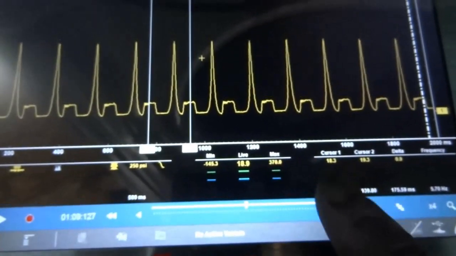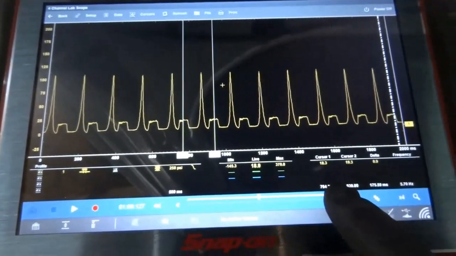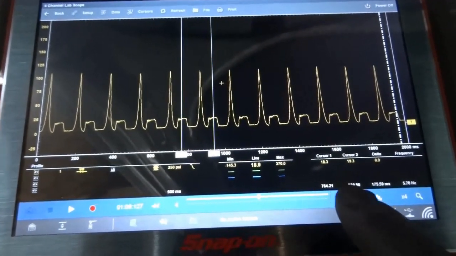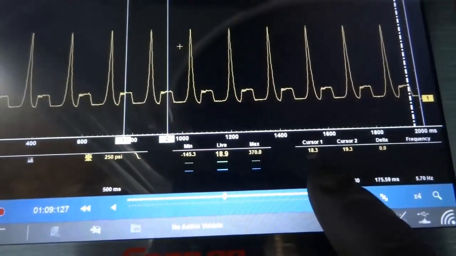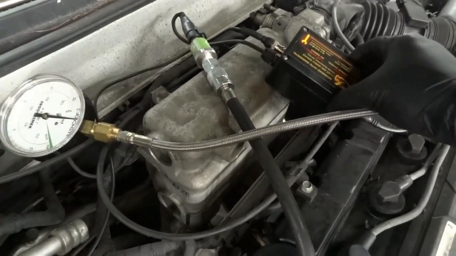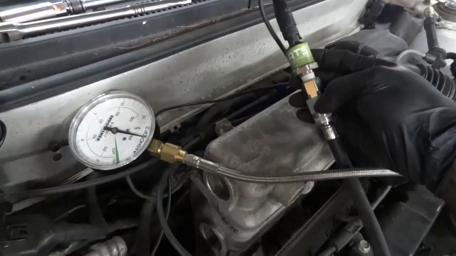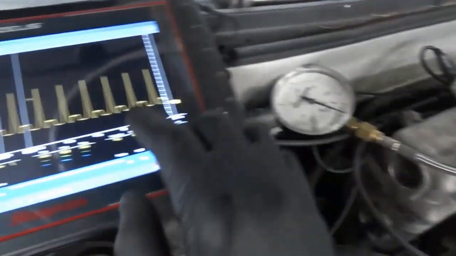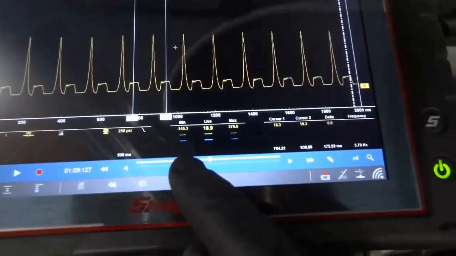Now, this psi value over here is not accurate because I'm not using Snap-on pressure transducers. That's why this is not going to be accurate, okay? I am using an aftermarket 5-volt box, and I'm using an ATS pressure transducer. So the reading over here is not going to be 100% accurate, but you can tell the difference now.